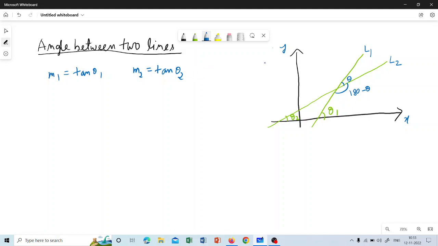Once again, there is a catch here. One more condition will come. Suppose I am talking about two lines which are vertical.